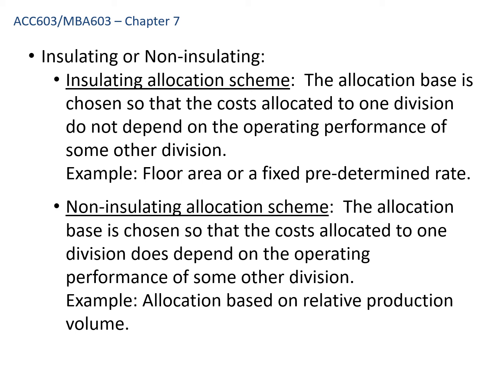So an insulating allocation scheme means that the cost that you are allocated is not contingent on the activities of another division within the company. In that example, the utility costs are allocated by square footage, 10, 10, and 5. So what the person that has 5,000 square feet does or doesn't do doesn't affect my allocation.